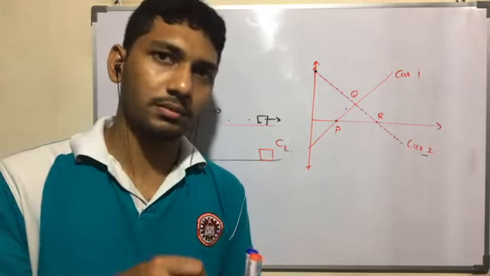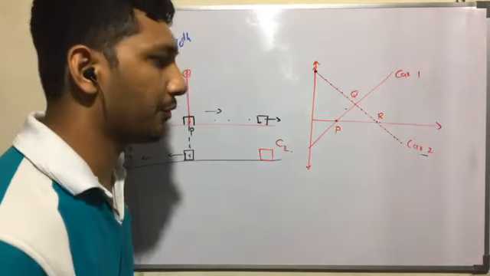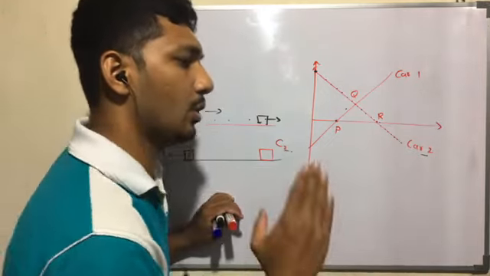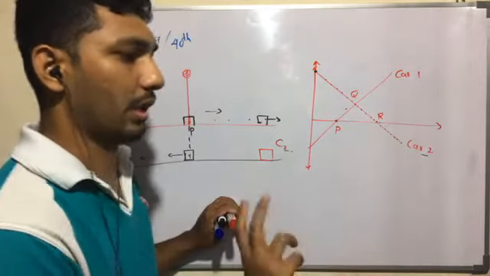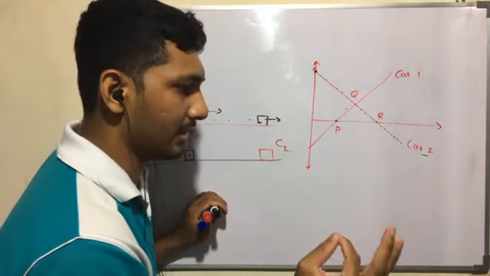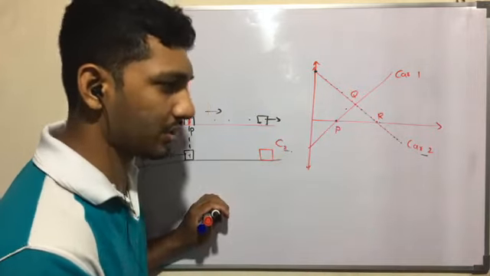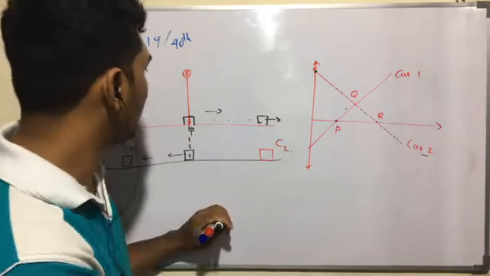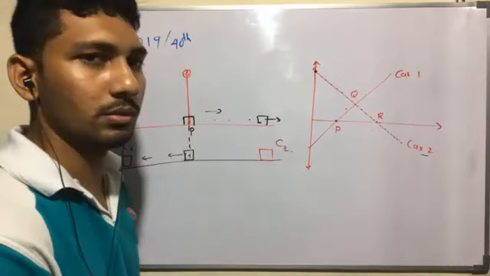So let's try to explain the statements. The first one, relevant to P: car 1 coming from the left crosses car 2 at P. Is it correct?